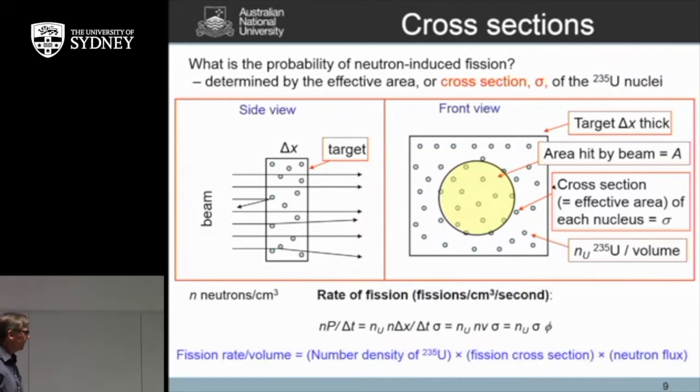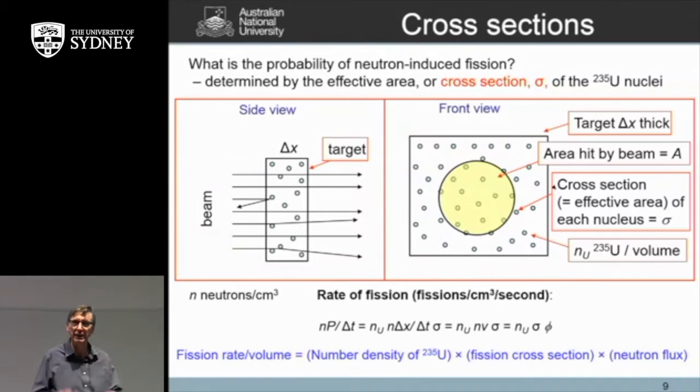Now, in reactor physics, we usually talk about neutrons, neutron densities, and you can work out the rate of fissions per second per unit volume. And what you find is that the fission rate depends, of course, on the number density of the uranium-235.